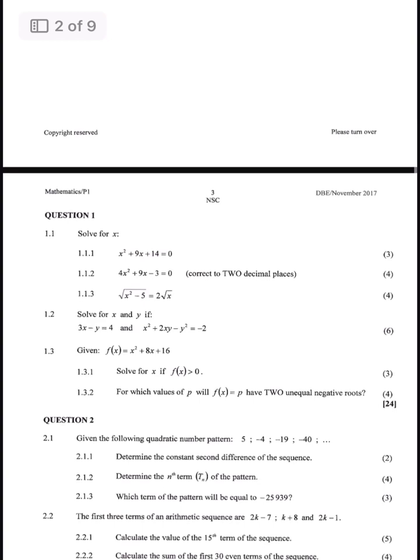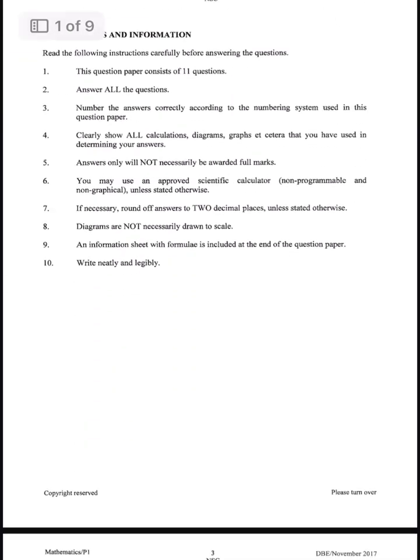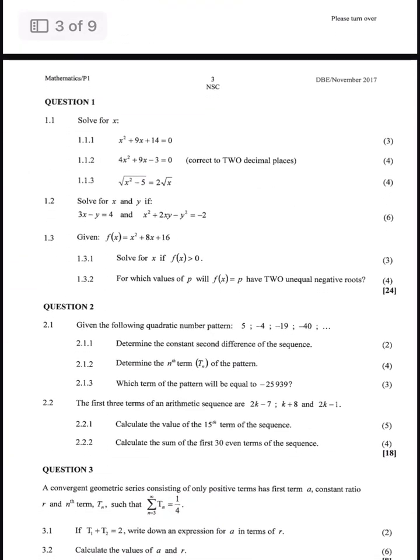Let's check how much this was worth. Say we got 3 marks in the first one because we did solve it previously. It's 3 plus 4 now. We're heading to 100%, and the total marks in the paper is 150. You see over here on the first page, it says 150.